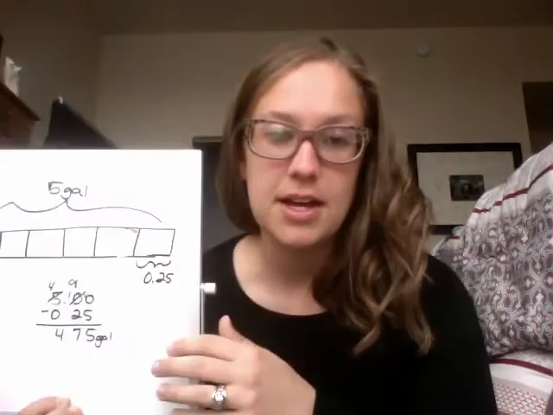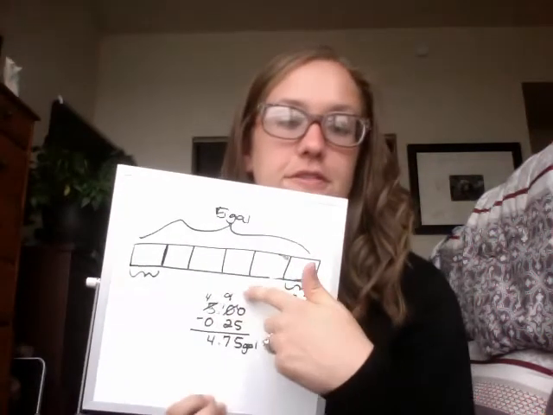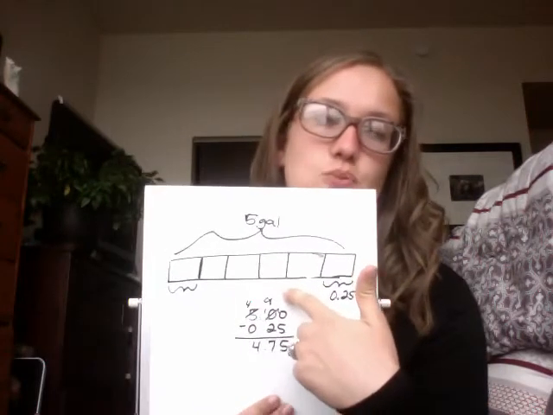Then I'm going to divide that number by 5 to get how much went into each bottle. So you do that on your end, and I'll do it on mine.